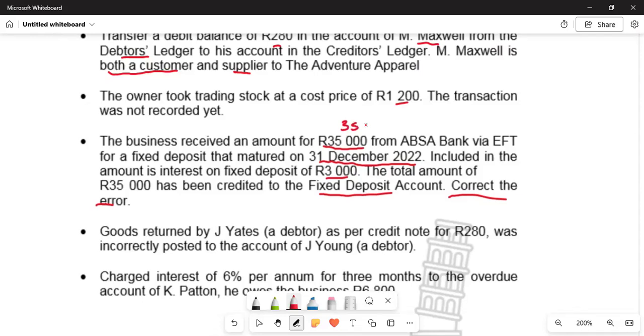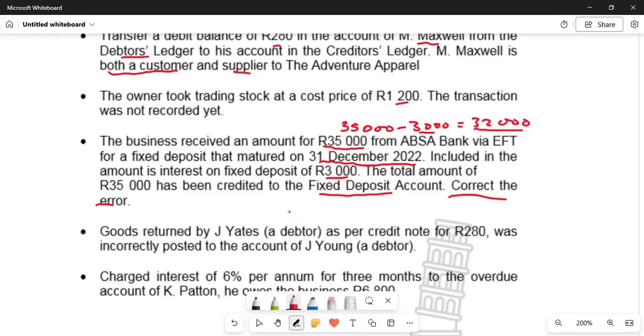Someone can say: 35,000, now we minus the 3,000 to give us 32,000. This 32,000 is our original investment, the fixed deposit principal. So the 3,000 is the interest earned.